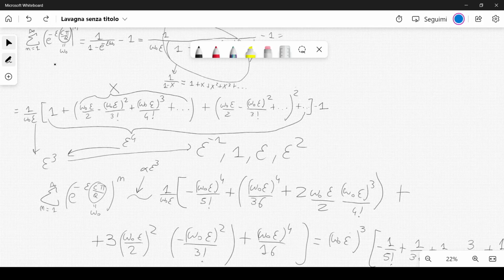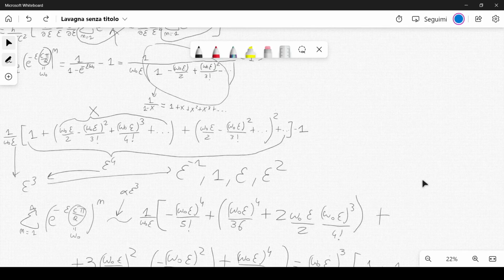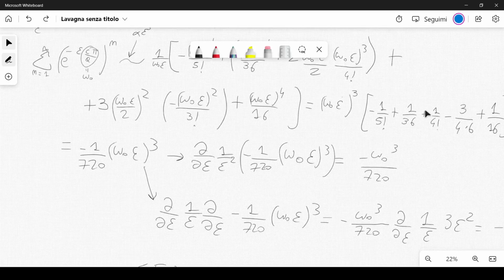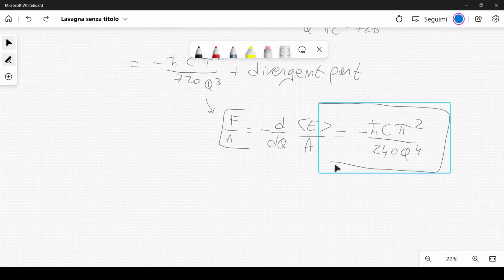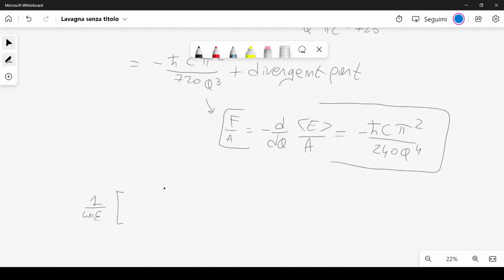It's easy to check. So let me rewrite it below. I'm going to consider the terms that are proportional to epsilon squared when we divide by omega 0 epsilon. So we have 1 over omega 0 epsilon, and then inside the square brackets, we are only interested in the terms that are proportional to epsilon cubed.